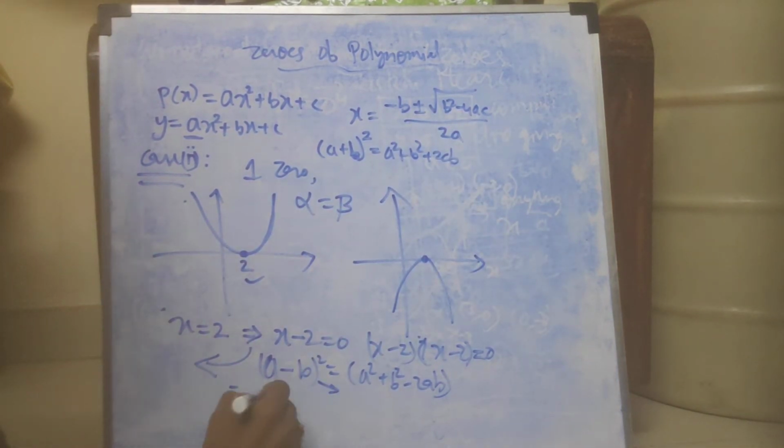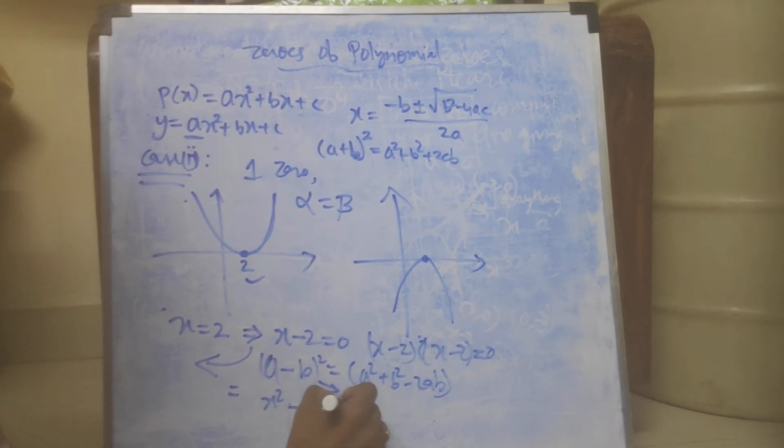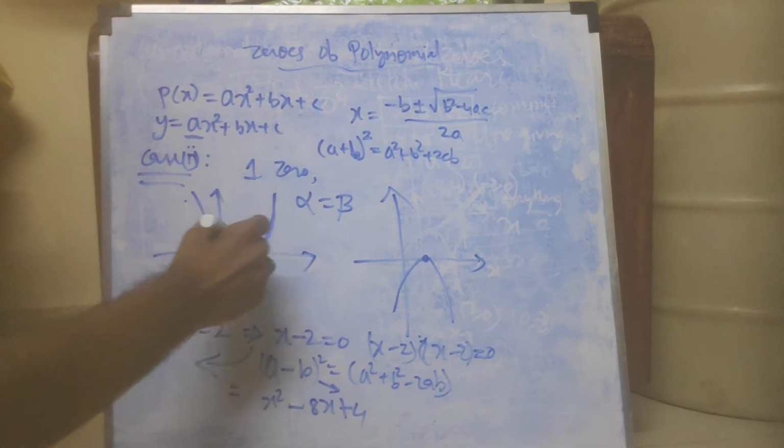So if I use this result, then I will get x square minus 4x plus 4.